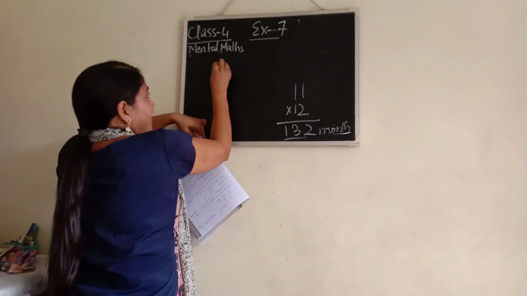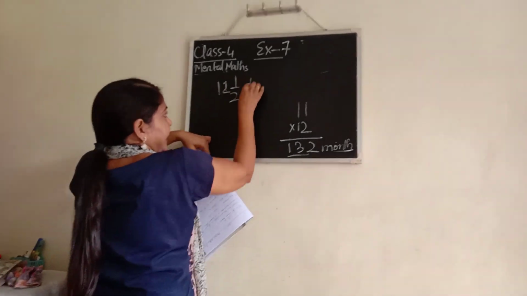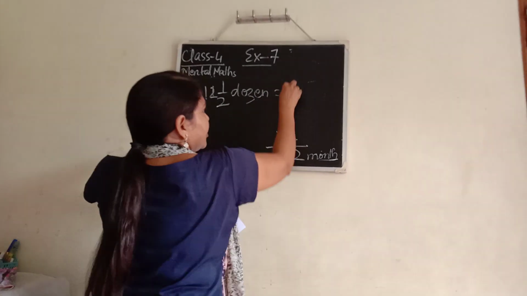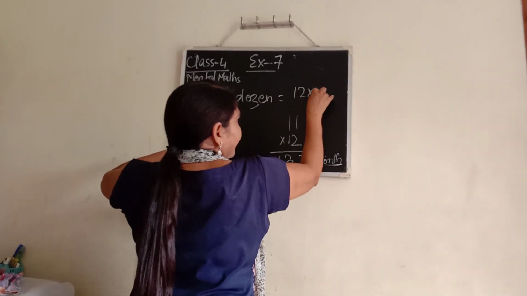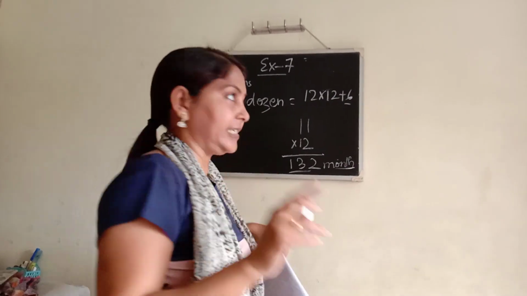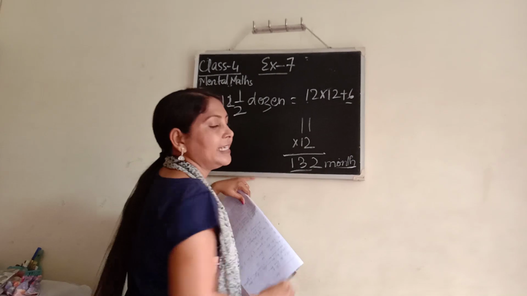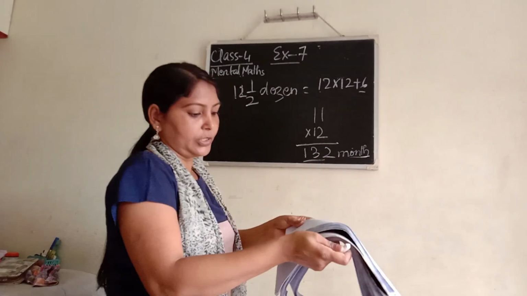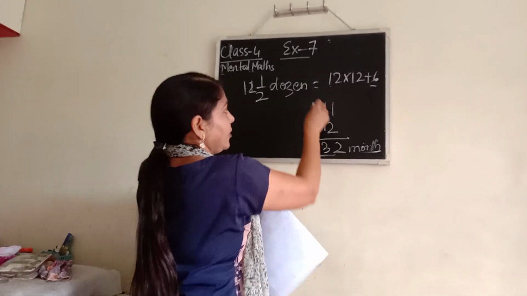For 12 and a half dozen they say, no? So for 12 dozen, first you will multiply 12 into 12, plus 6. Why 6? Because half dozen is 6. So when you multiply this, whatever it comes, you just add.